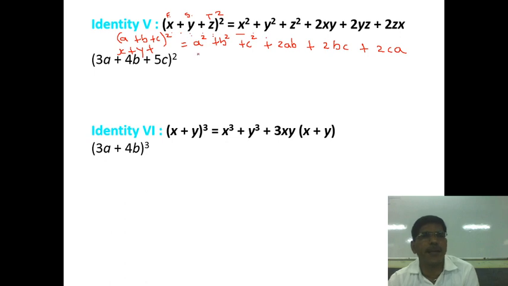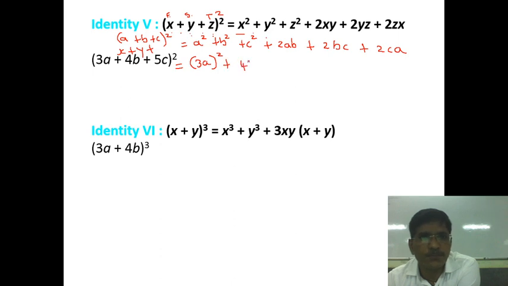So one example I am writing and explaining here. So x square, or we can say a square. So first, I have to write (3a) whole square plus (4b) whole square plus (5z), that is z means here c, (5c) whole square.